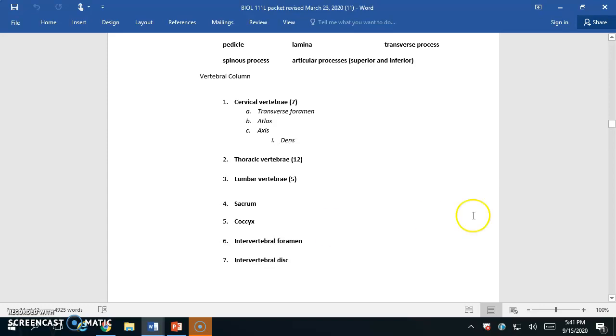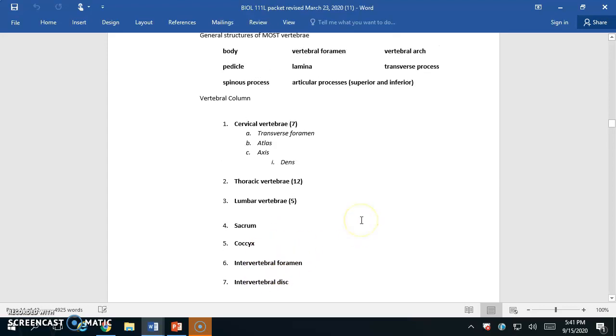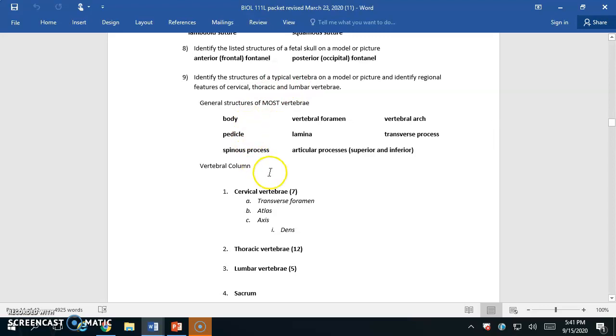But all right, so you will need to know that, and then a couple of other structures that you can see on the spine too. But then this part up here is where you will be responsible for knowing: if you look at any of our spinal bones by themselves, not connected to each other, they have certain parts that you can identify.